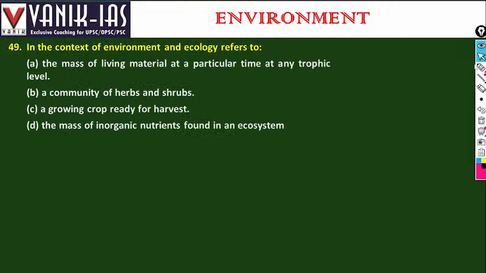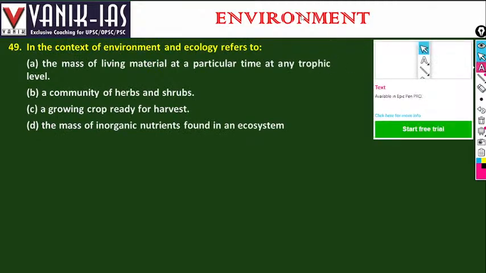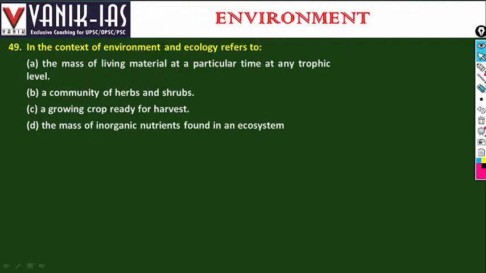In the context of environment, ecology refers to: mass of living matter at a particular time at any trophic level, a community of herbs and shrubs, a growing crop ready for harvest, the mass of inorganic nutrients found in an ecosystem.